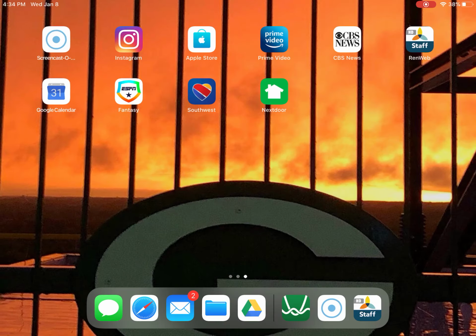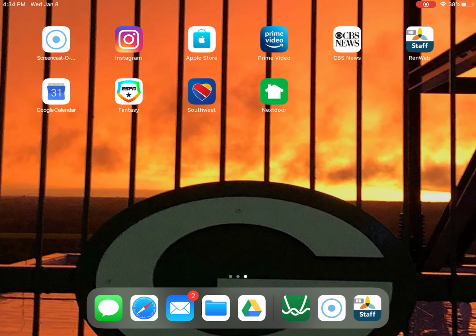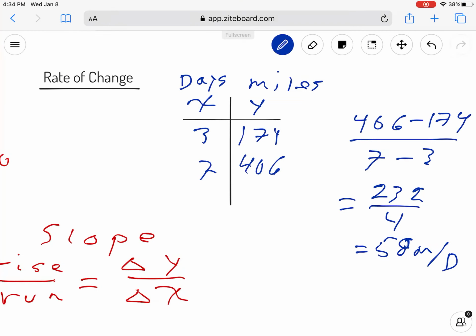So if I have a graph here, you can see that it's sloping up. My change in x between the blue dot and the green dot is 2, and my change in y is 4. Okay, 4 minus 0, and the x is 2 minus 0. So back to our whiteboard here.